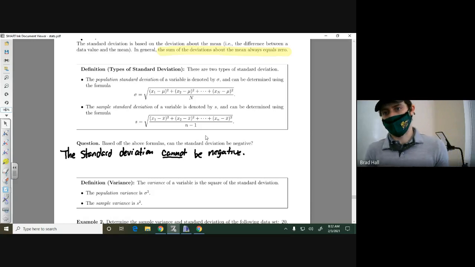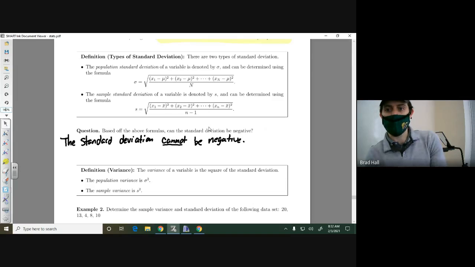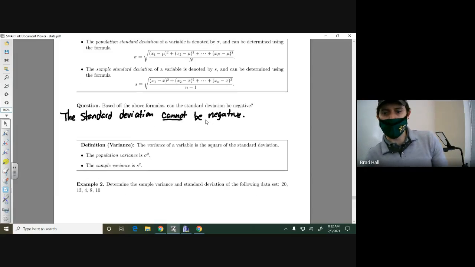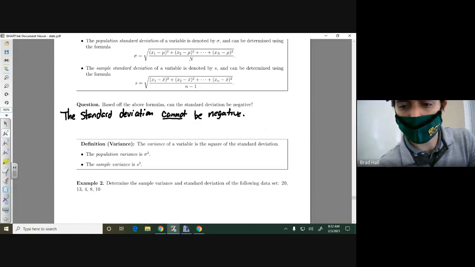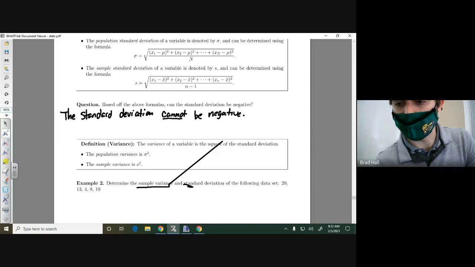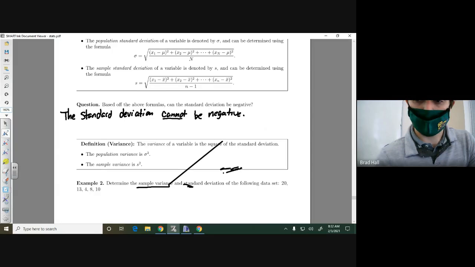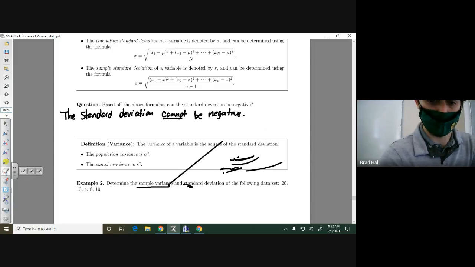Our textbook does standard deviation first, which I'm okay with. And from there, we're going to use the sample variance and standard deviation.